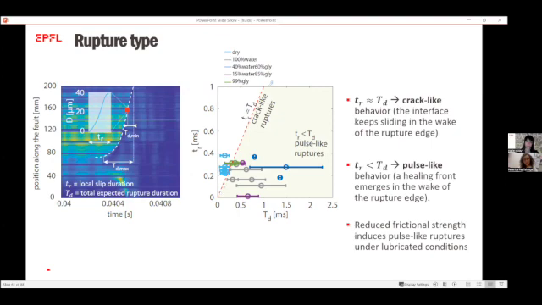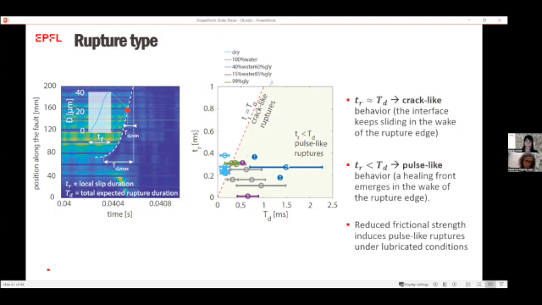And the dashed red line indicates the one-to-one slope. And so you can see that all the markers in light blue, which indicate dry ruptures, fall more or less along this red line, meaning that the dry ruptures propagated crack-like, while all the other colors, the green, the gray, purple, and dark blue, indicate lubricated ruptures.